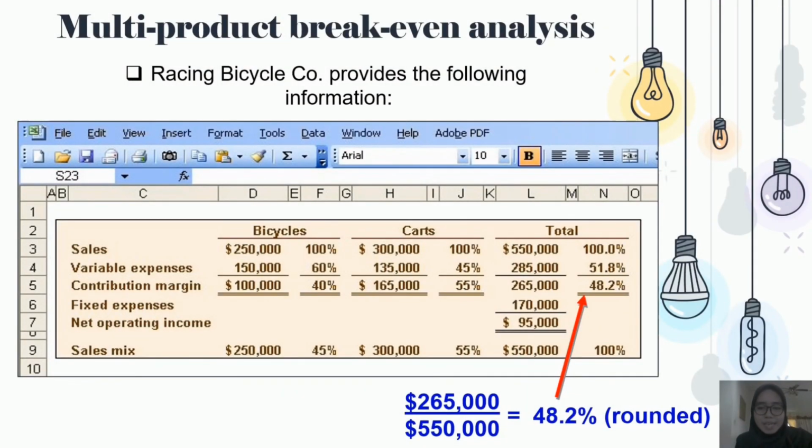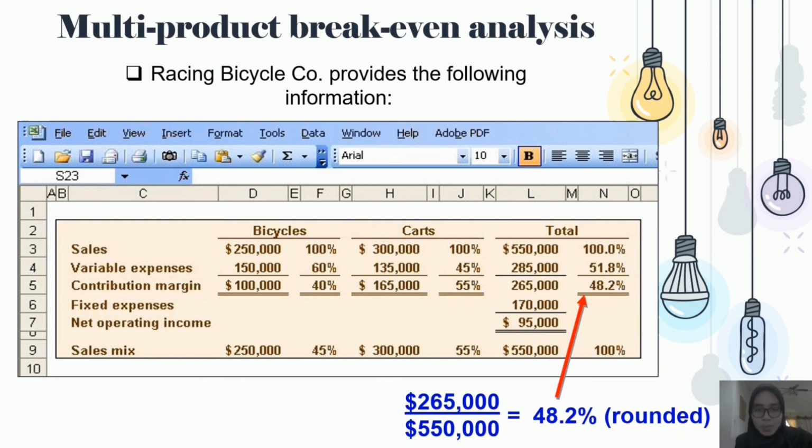Okay, here, as you can see, this is the information of Racing Bicycle Company. They sell two products, bicycles and carts. So for multiple product break-even analysis, we need to total both products. For example, the sales of bicycles $250,000 plus the sales of carts, then we get total sales of $550,000.